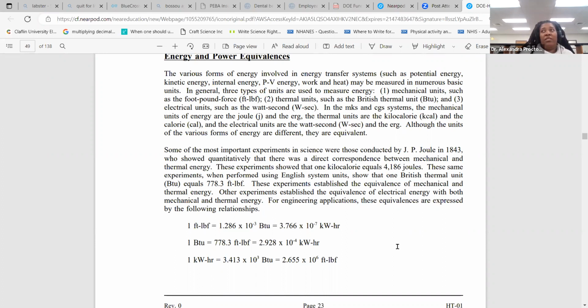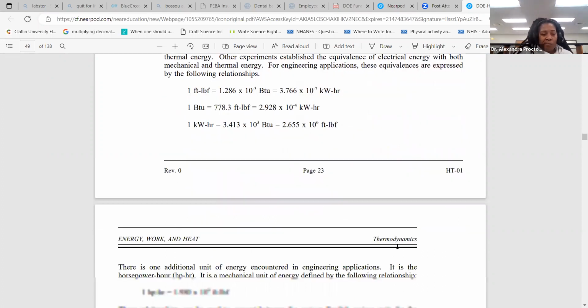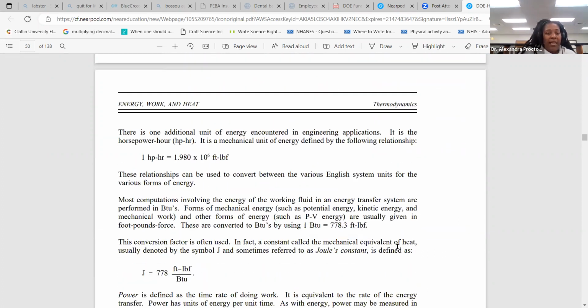So they're showing you, just like you understand that there are 12 inches in a foot, that between these different units or forms of energy there's also a conversion factor. And then there's an additional unit of energy encountered in these engineering applications, and that is horsepower.